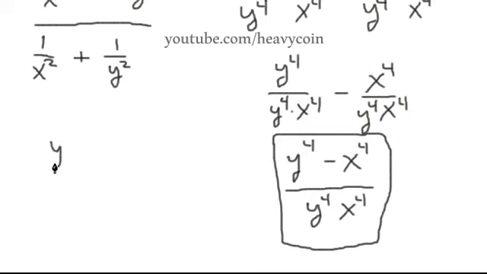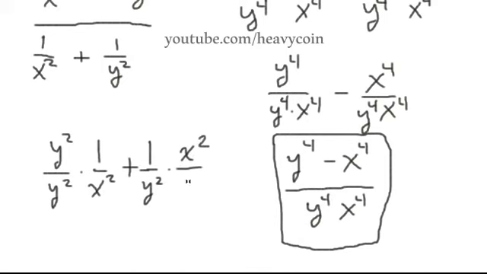So this is going to end up being y squared over y squared times 1 over x squared plus 1 over y squared times, and then we're going to write x squared over x squared.